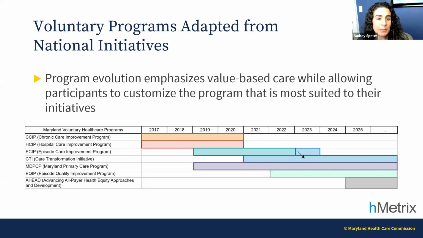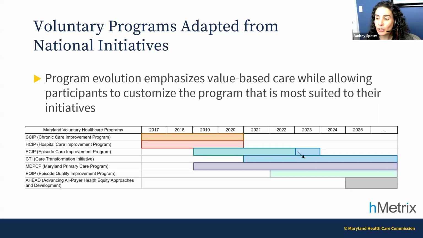There's also the MDPCP program that I know Dr. Bone will talk to a little bit later this morning, looking at advanced primary care for Medicare fee-for-service beneficiaries. And then EQUIP, which is an episode-based program, but outside of the hospital, looking in the ambulatory or the community setting.